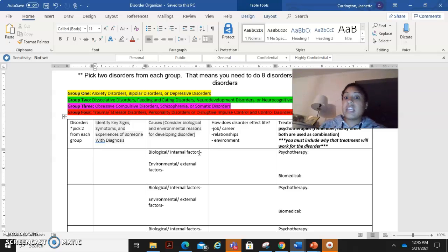And so when anything happens that you don't have planned, you panic. It triggers you to start going through a panic attack. And then you're going to need to explain what a panic attack is underneath the symptoms, or how it affects your life, which is this 4th column. Okay, then what are some biological things, right? Like maybe there's a chemical imbalance in the brain. Okay.